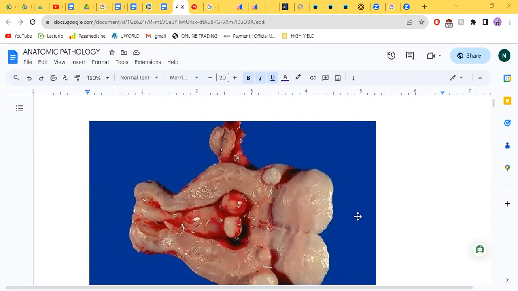What are some of the risk factors of leiomyoma? Hormonal therapy, multiple what? Estrogen exposure.